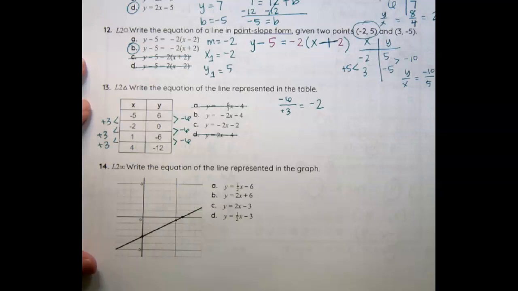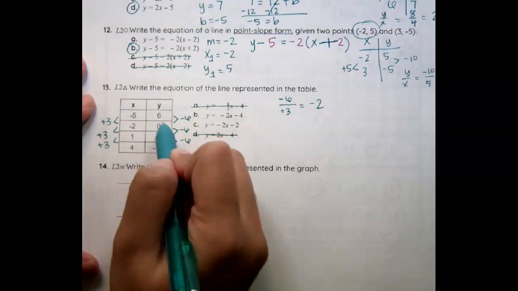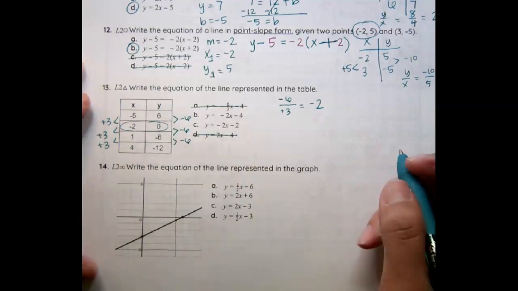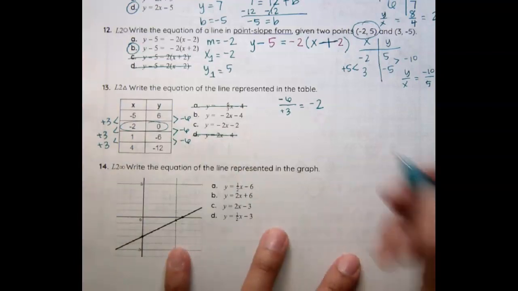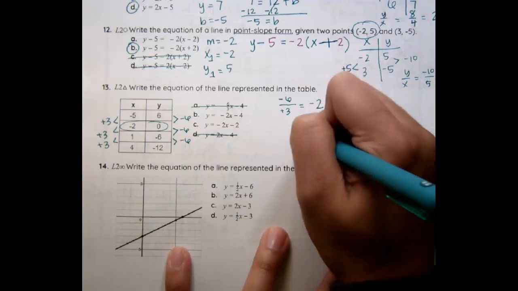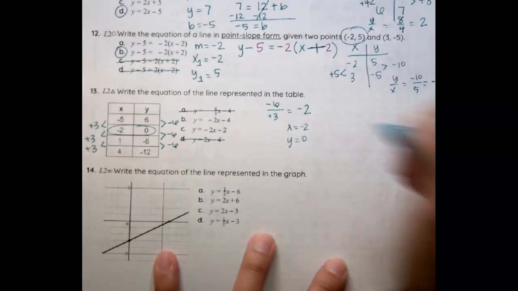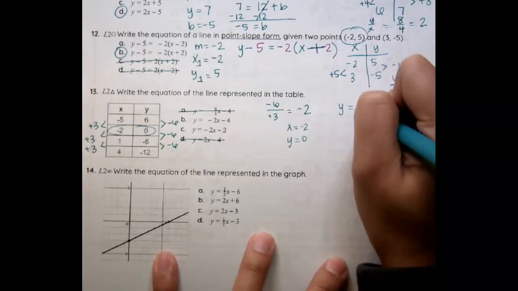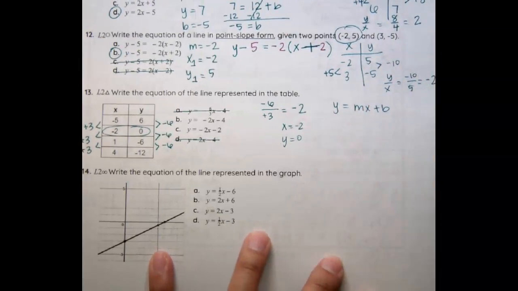So now I need to figure out what my y-intercept is. I'm going to pick a point and solve for B. So I'm going to pick this point because that's just the point I picked. So M is negative 2, X is negative 2, and Y is 0. So I'm going to plug everything into y equals mx plus b.